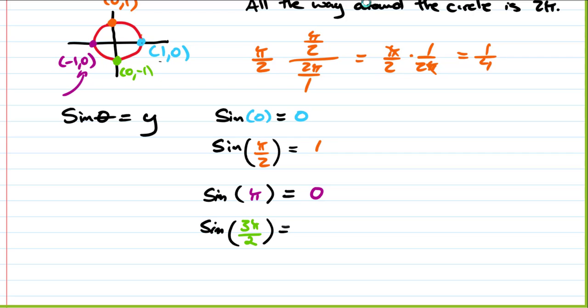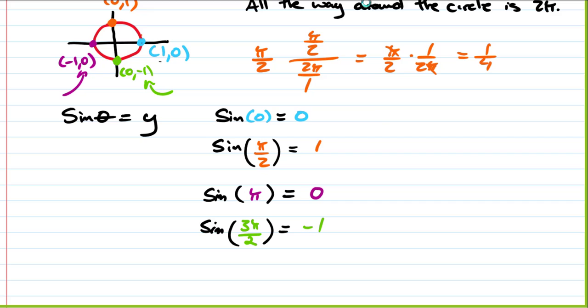So we look at our y value up here, and we get our y value is -1. So the sine of 3 pi divided by 2 is -1. So knowing that sine is y, we can find the points that correspond to the angles on the unit circle and then read off the y-coordinates.